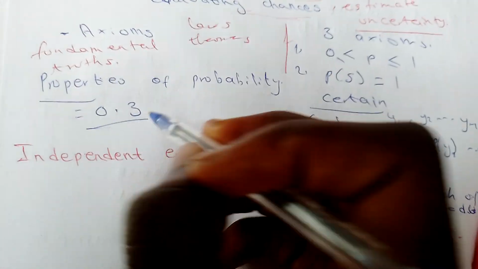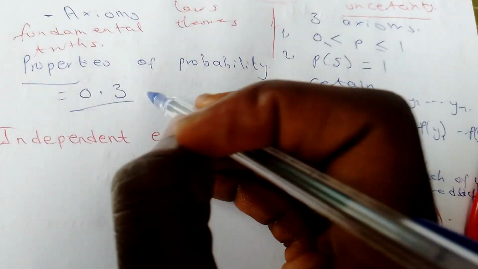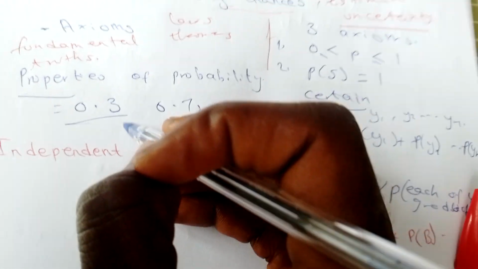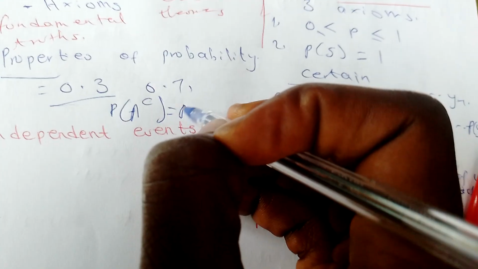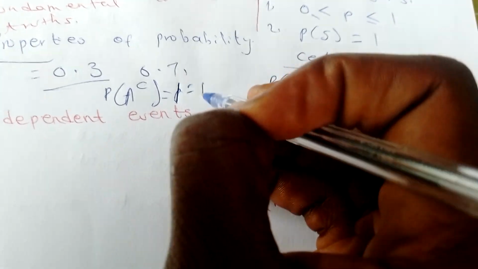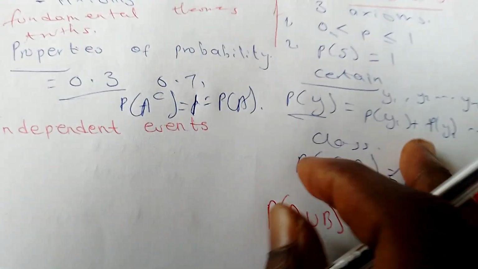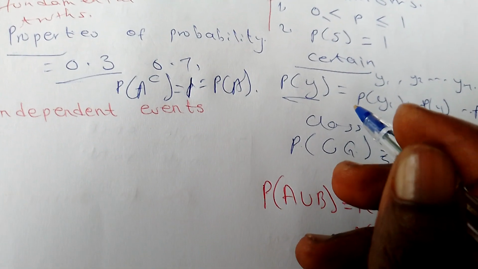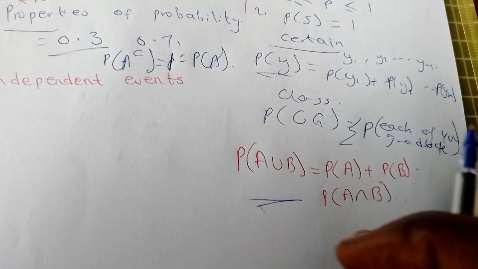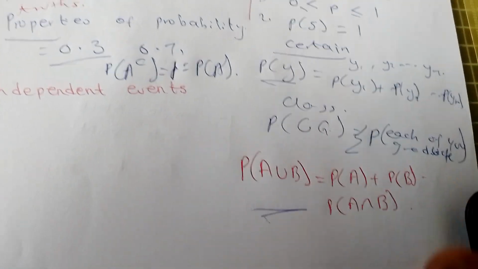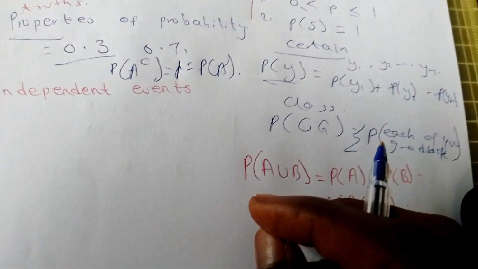Then that essentially means that the probability of them not buying it is 0.7. So the probability of a complement is just 1 minus the probability of A. This is one property, and what I stated here is also another property: the probability of the union is the probability of each minus the intersection.